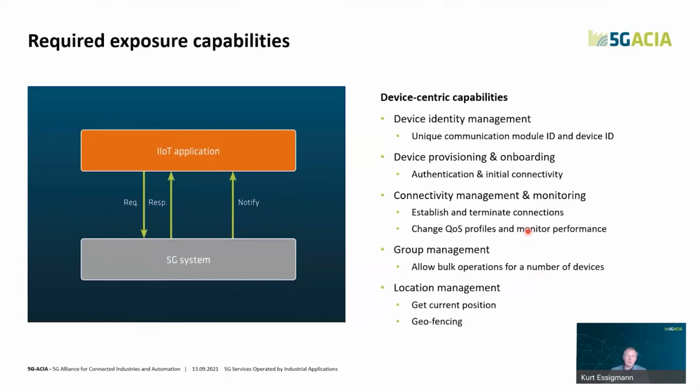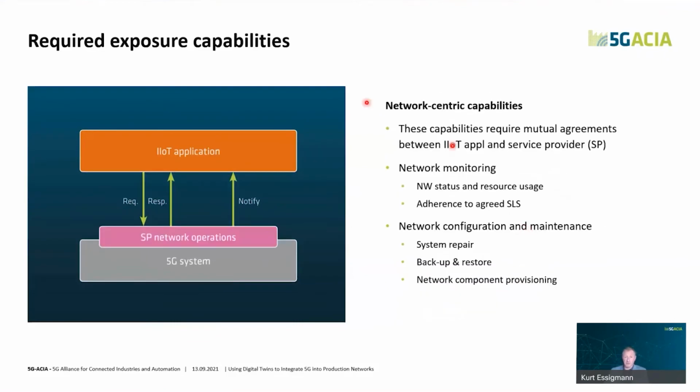The second group of use cases that we also touched shortly upon is the network-centric use cases, network-centric capabilities. In this group of cases, we have this additional player in the field, that is the service provider.